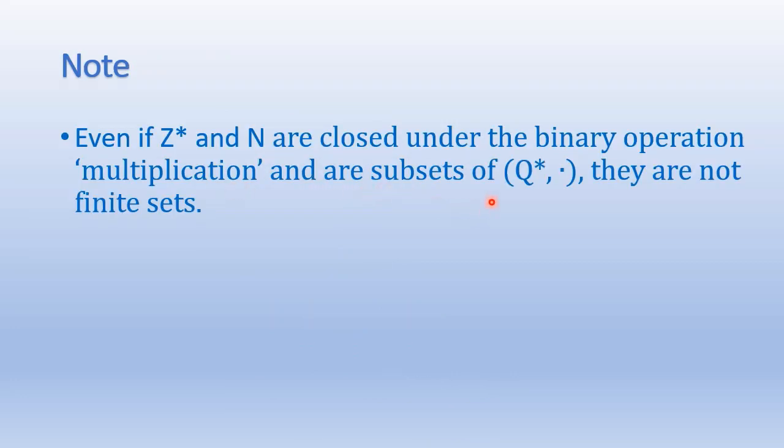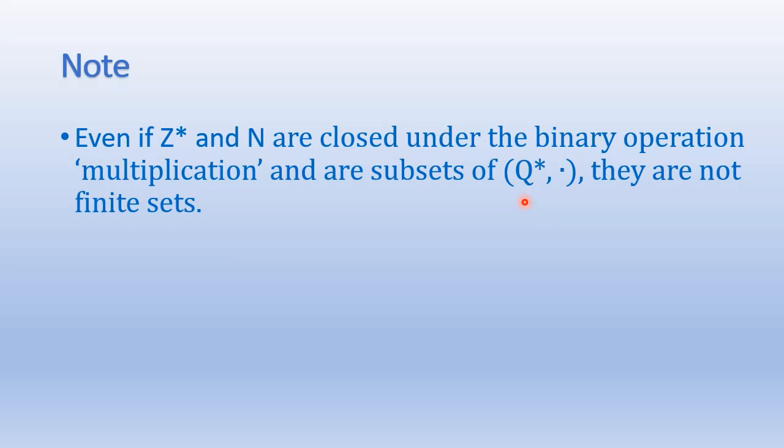Consider this set Q star comma dot, which is a group. Even though Z star and N are closed under the binary operation dot, that is, when you multiply any two integers, the result will be an integer, and when you multiply any two natural numbers, the result is also a natural number, so Z star and N are closed under multiplication, but they are not finite subsets of Q star.